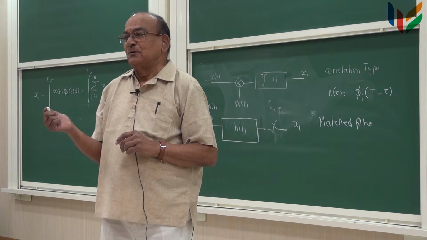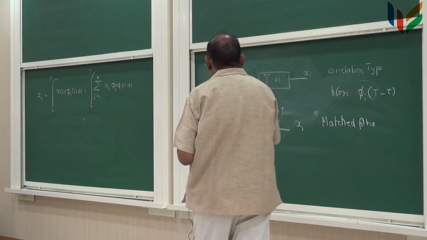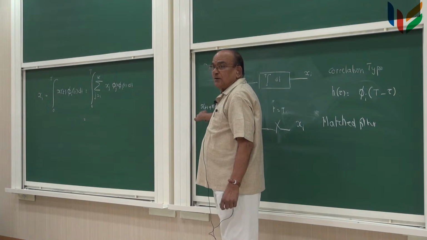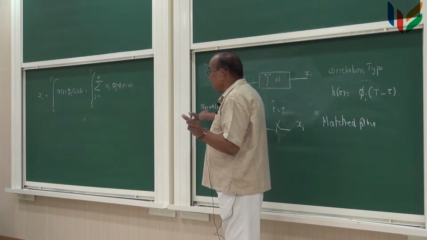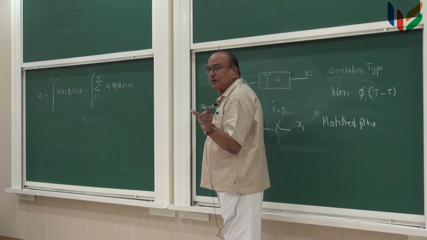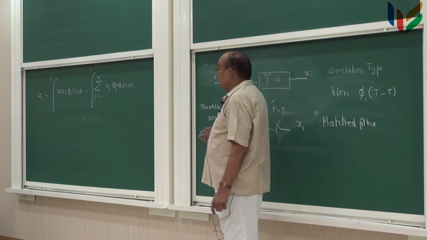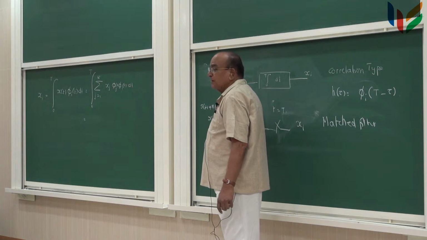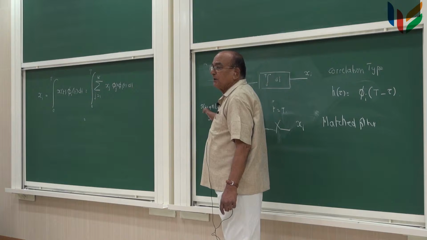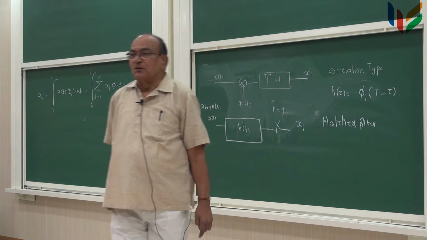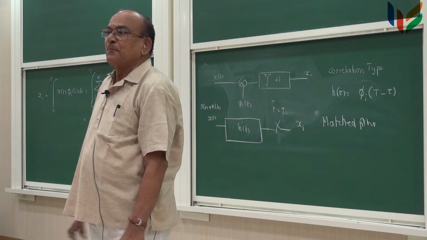When the signals are embedded in noise, what do we do to get higher output signal to noise ratio? Because remember, the input signal may be a band limited signal, so the number of phi i's is limited, but there is no band limitation on the noise, so there will be a large number of them. So, the noise power is much larger than the signal power at the input terminals, but at the output terminal the signal to noise power is much higher.